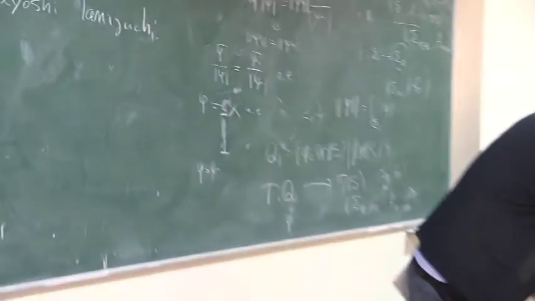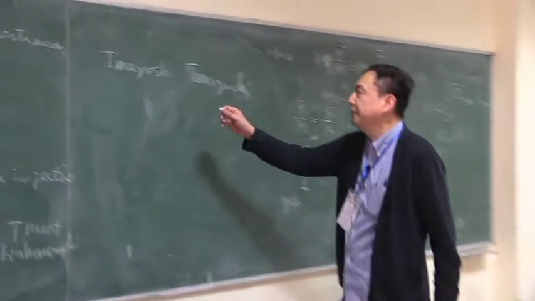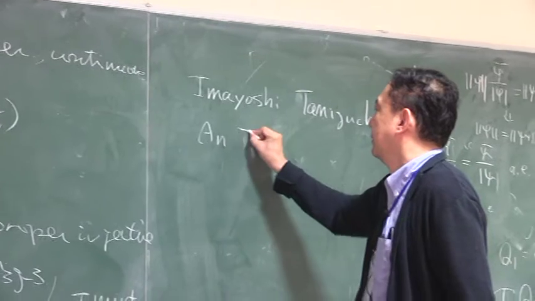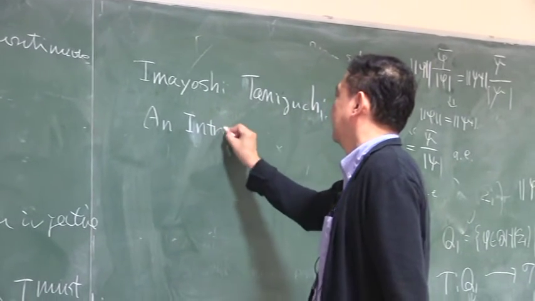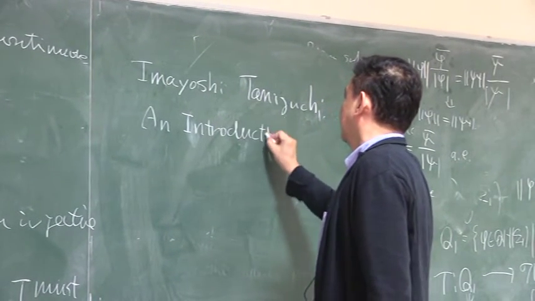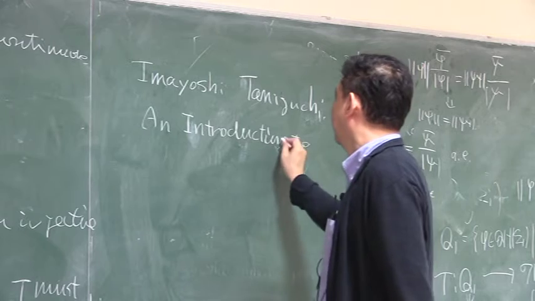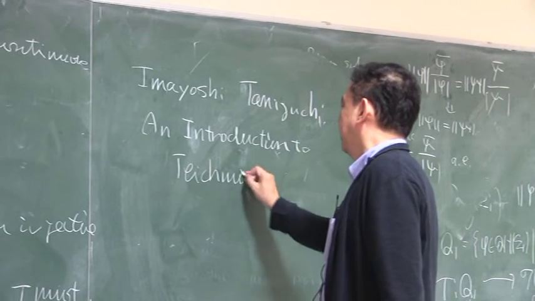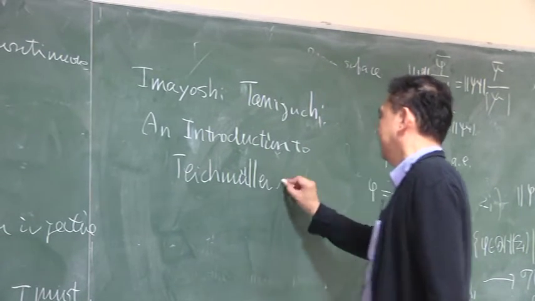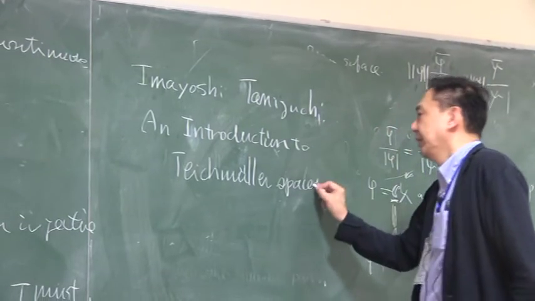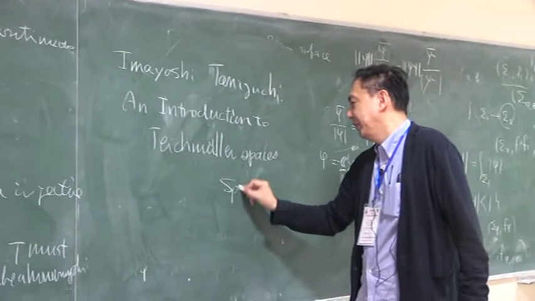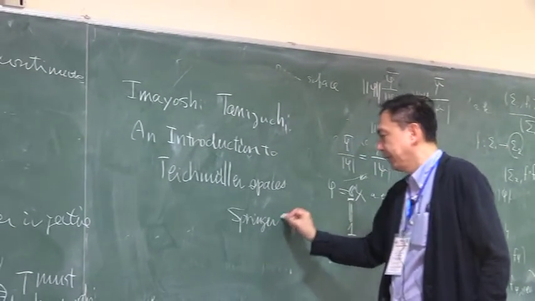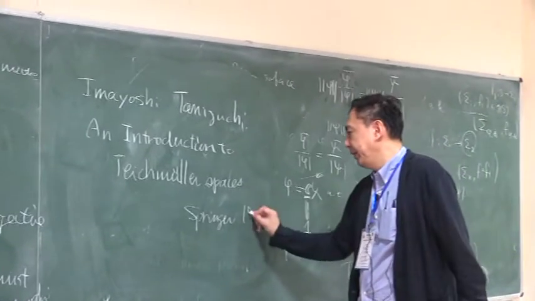The title of the book is An Introduction to Teichmüller Spaces. It's published by Springer in 1992.